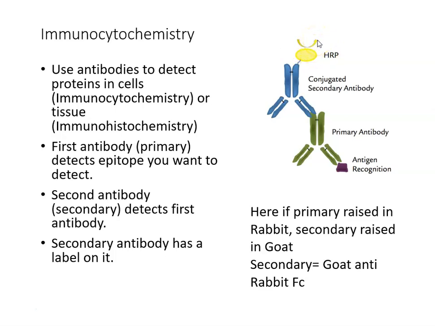So what will happen is you'll get a colour change reaction wherever protein A is on your sample. The primary antibody will bind. Wherever the primary antibody is bound, the secondary antibody, the rabbit anti-goat Fc, that will bind. That brings in the horseradish peroxidase enzyme, and that creates a colour change reaction.